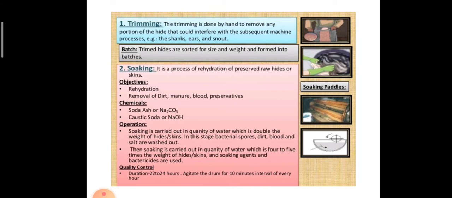Out of these, the most important for leather making is the protein. These proteins are of many types. The two important proteins are collagen and keratin.